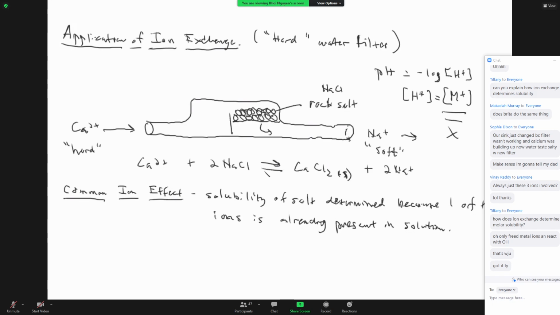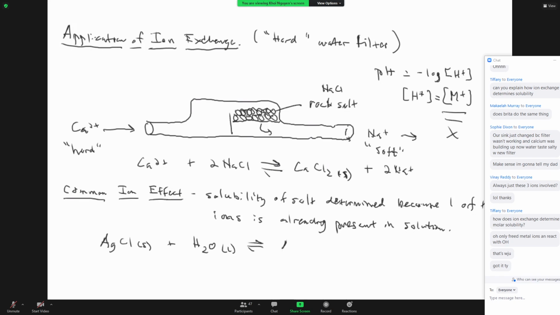So what is this simply saying? If you think about it, common ion effect is Le Chatelier's principle. So let's say we have some silver chloride, solid, tablet form, and some water.